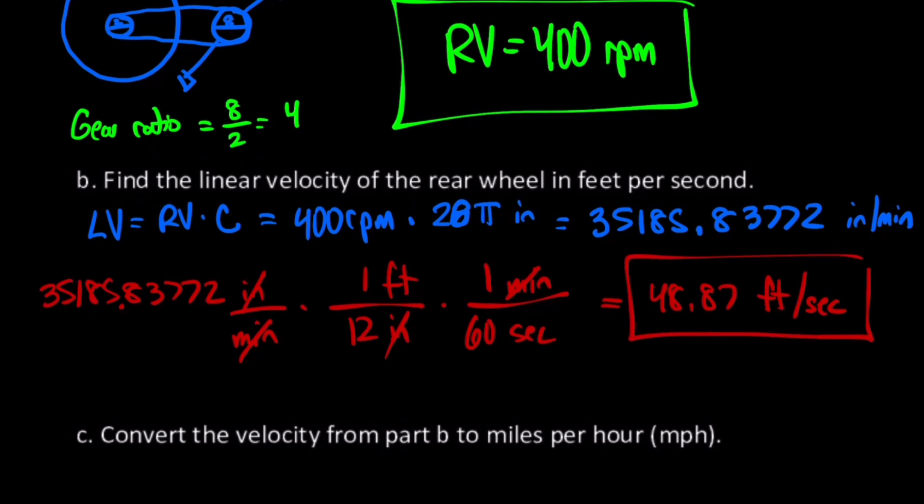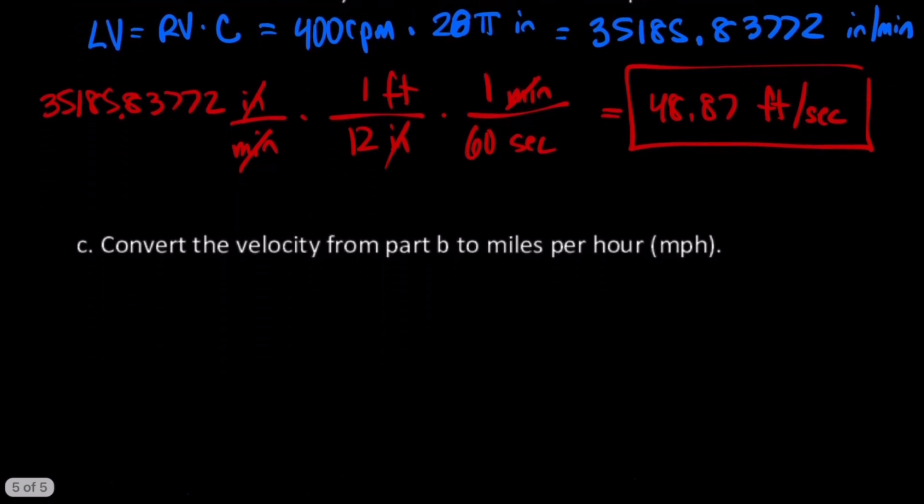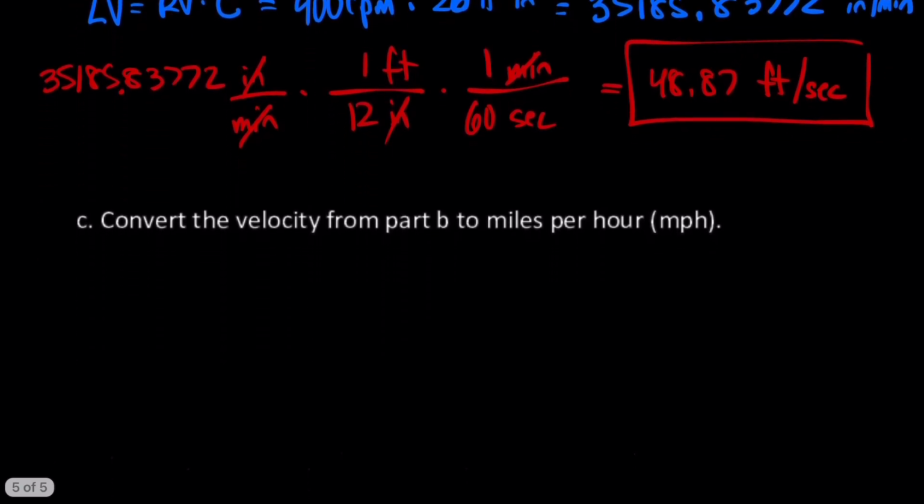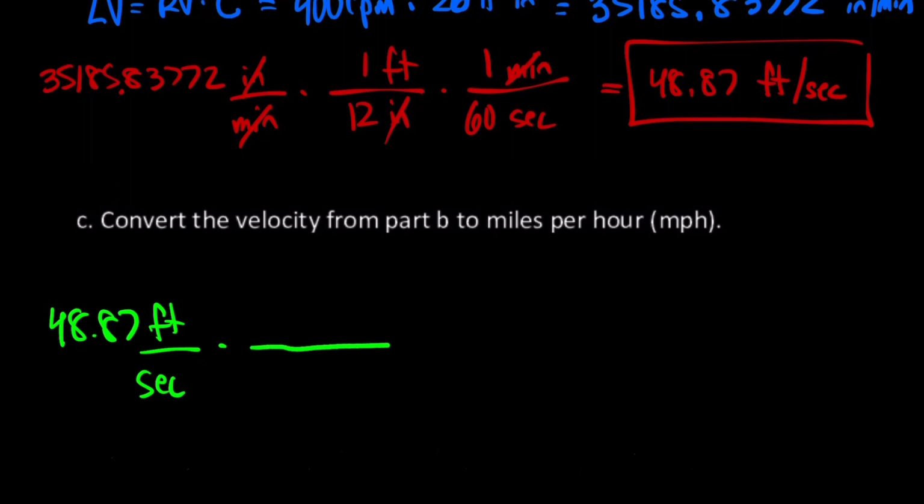Last part, convert the velocity from part B to miles per hour. Okay, so I took 48.87 feet per second to miles per hour. All right, it doesn't matter which one you want to convert first. Let's go to hours. If you want to get really fancy, you can convert right from seconds to hours.